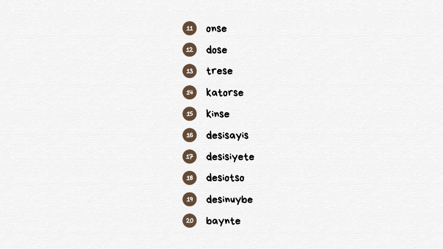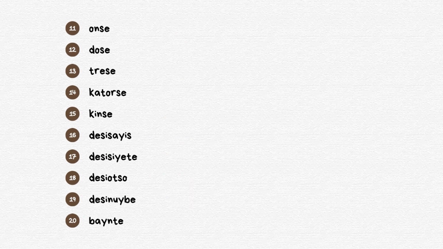And to form numbers beyond 20, similar to the previous method, you simply add both the tenths and ones. For example, 20 plus 1, that would be 21. 22, 23, 24, 25, 26, 27, 28, 29.